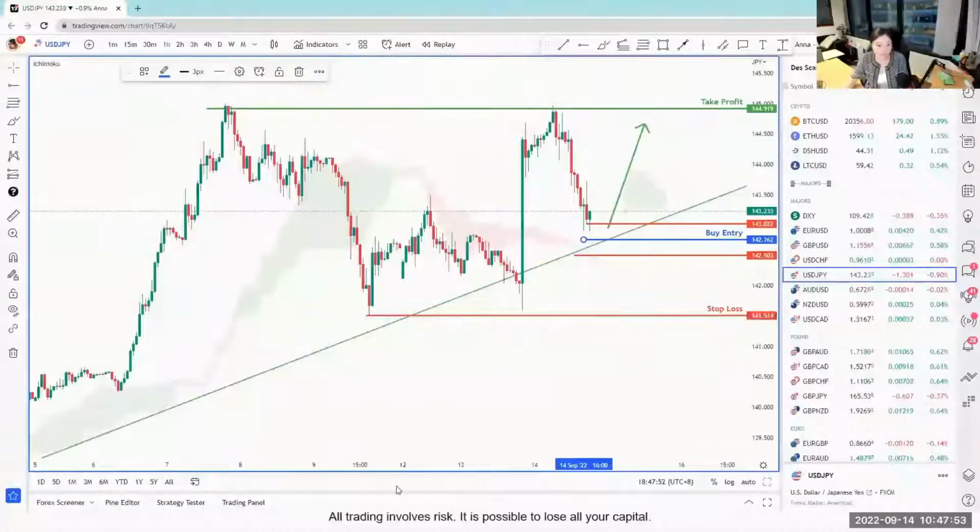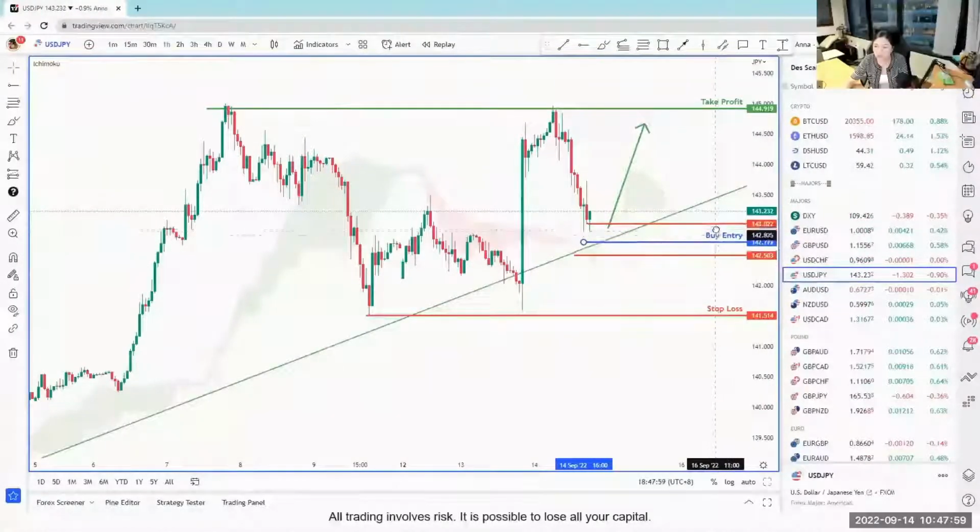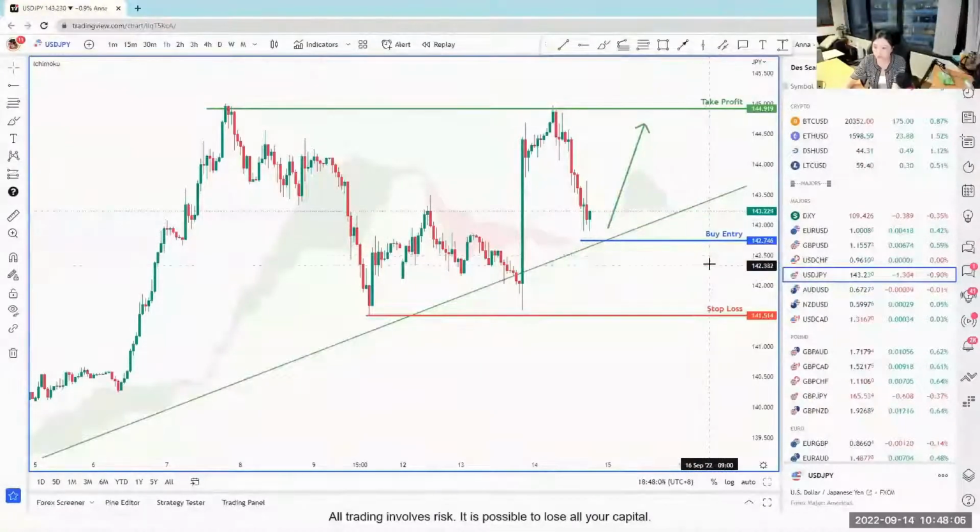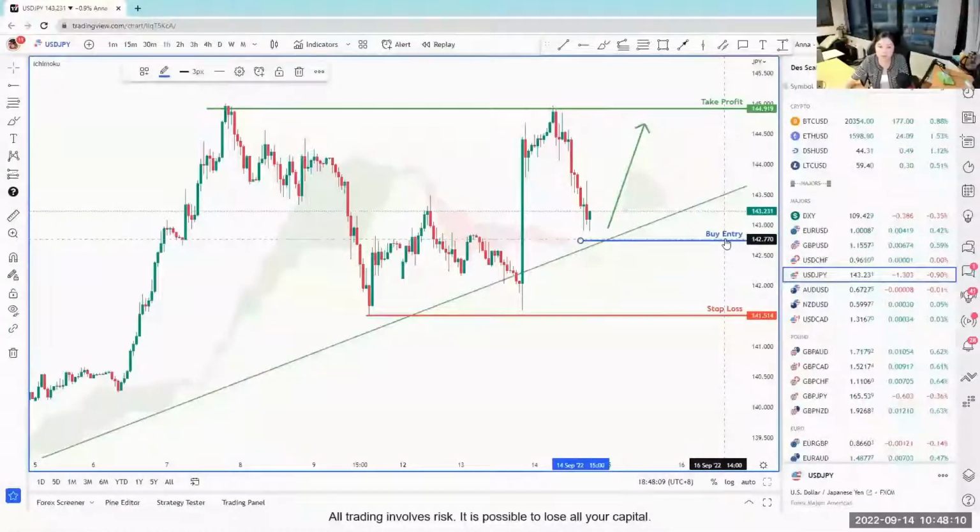Okay, so always remember your break even point is always around your buy entry or sell entry, correct? Because that is where there is no loss or making of any money. So break even means zero.